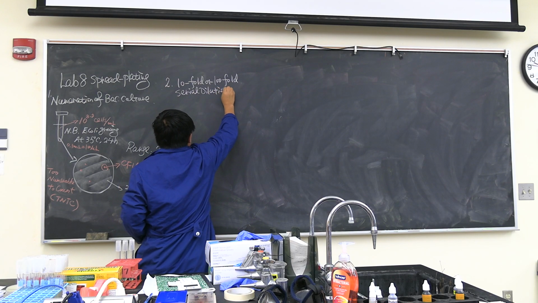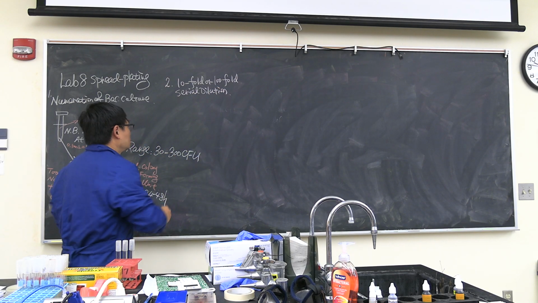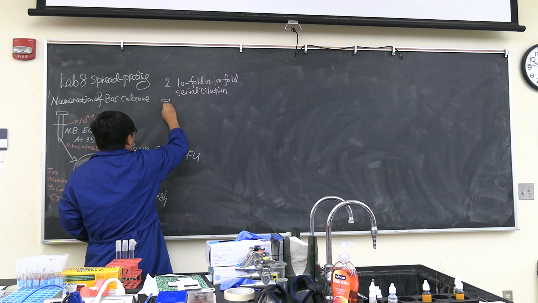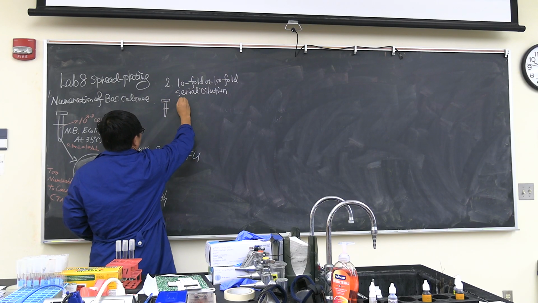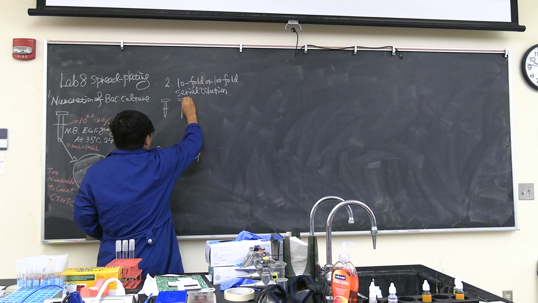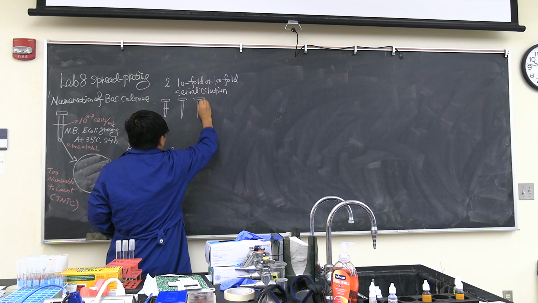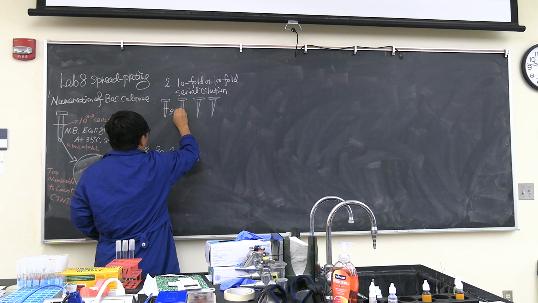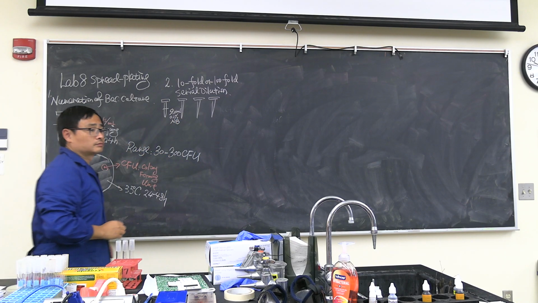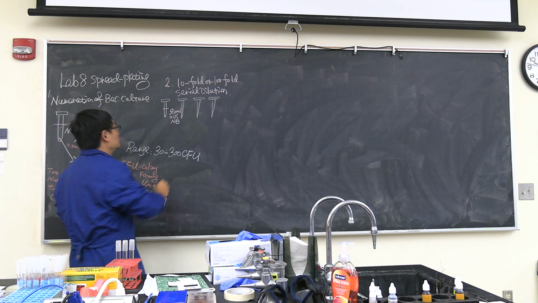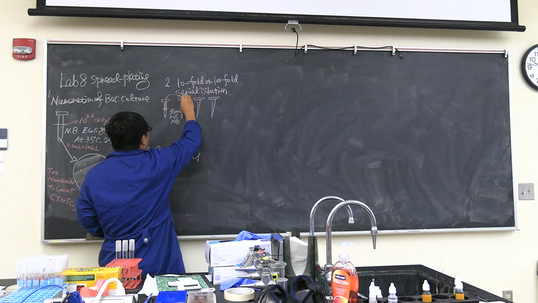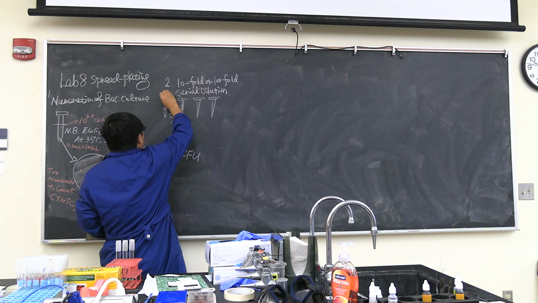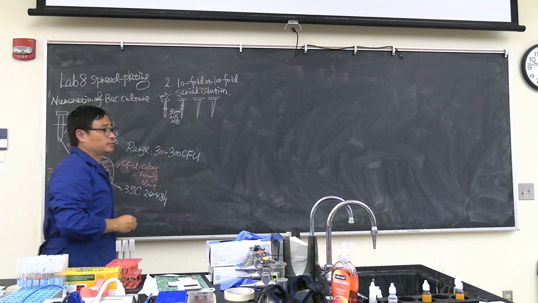So what is the tenfold serial dilution? You have an original culture. You're going to prepare tubes of 9.0 ml of 0.1% nutrient broth. How we do it is we add 1 ml to the first tube.